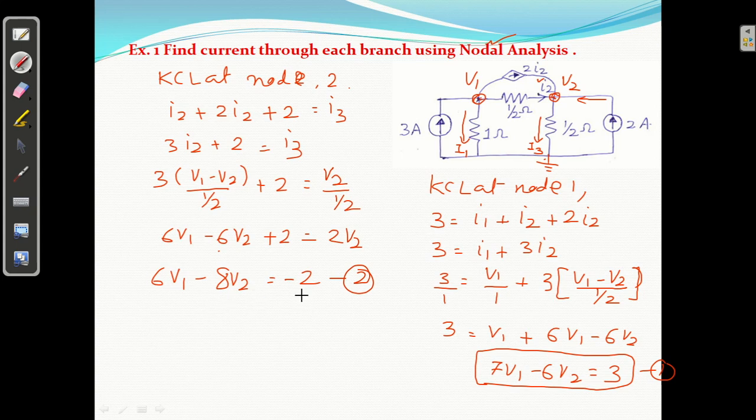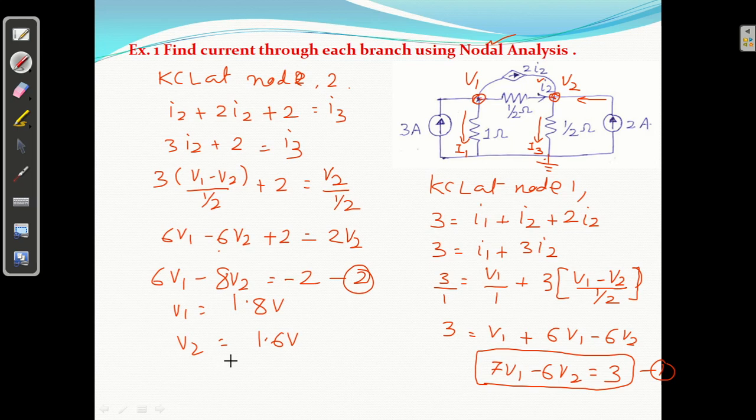Press equal, you get X, which is nothing but V1, 1.8 volt. Press equal again, you get Y, which means V2 equals 1.6 volt, right? So these are the node voltages V1 and V2.